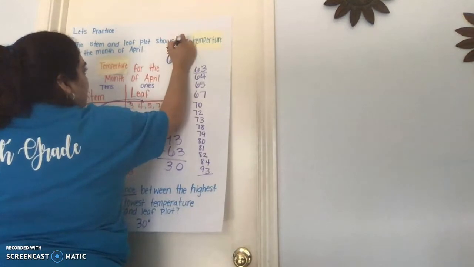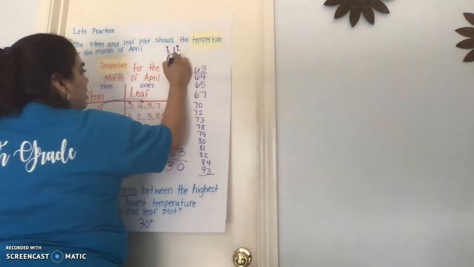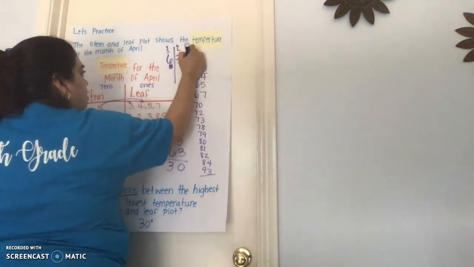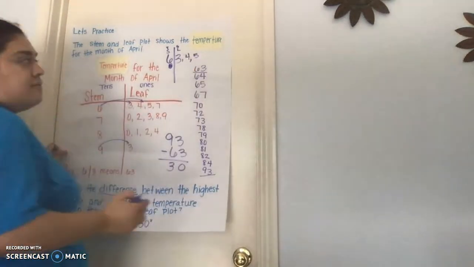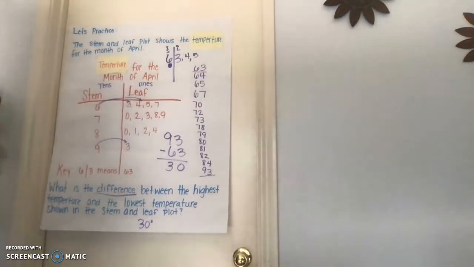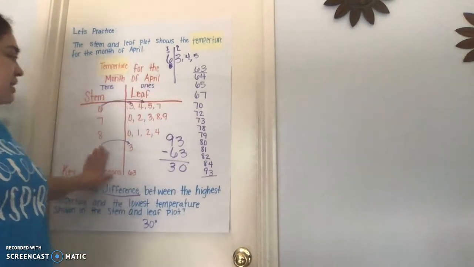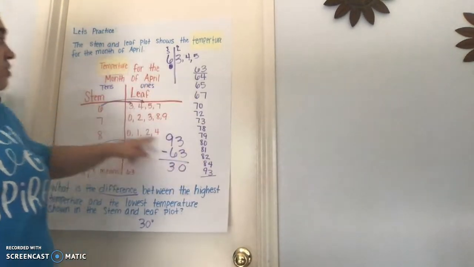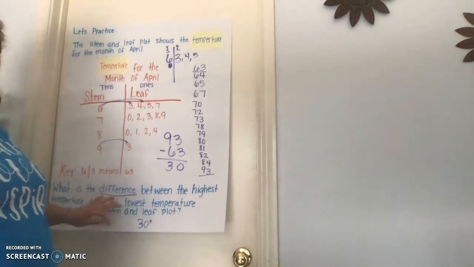So this is my tens, this is my ones. So if I wanted to do 64, I would put the 4 right here. If I wanted to do 65, I'll put the 5. Instead of having to write out all the numbers like this is how they would organize it. Now, I wrote out the numbers so that you can see how we're grouping them.